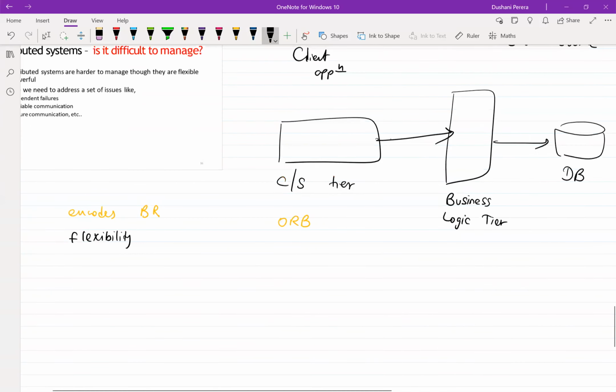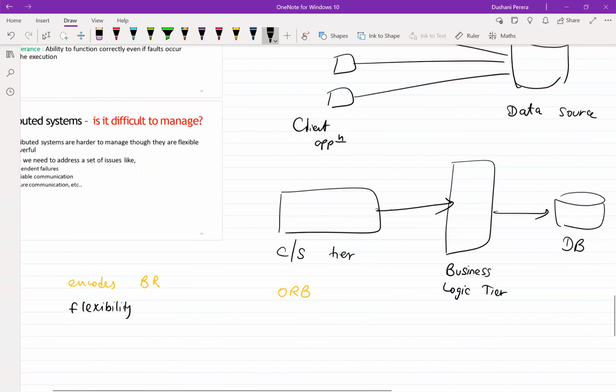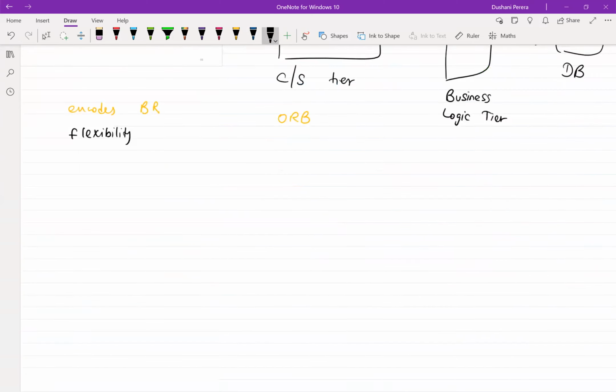And then when it comes to stubs and skeletons in this process, which is involved with the RPC that is used here, you know what a stub is. So the stub at the client side converts the message, and then the skeleton converts it back.